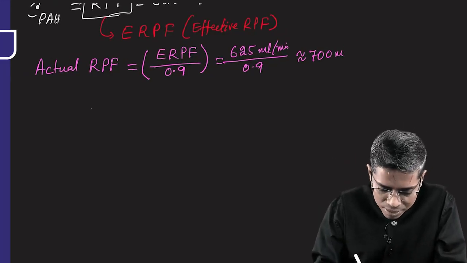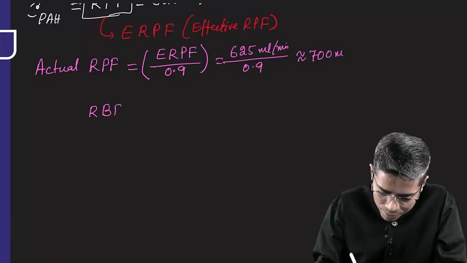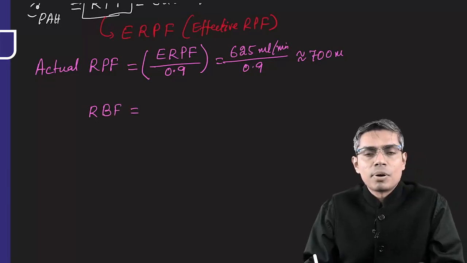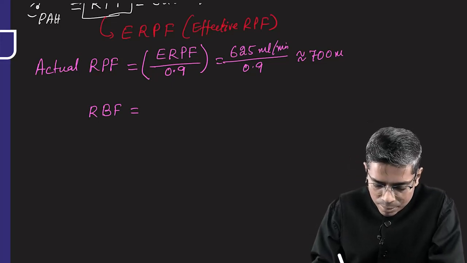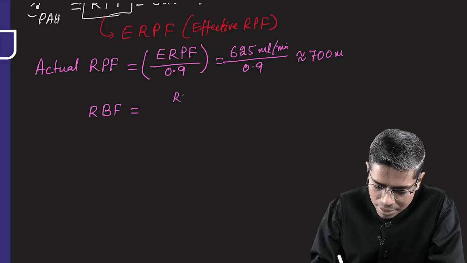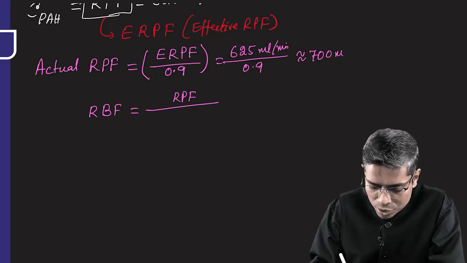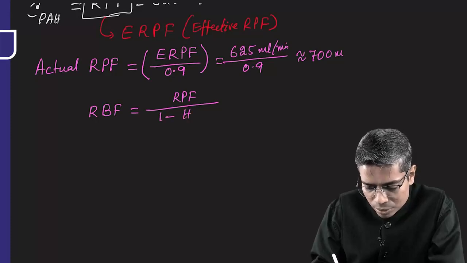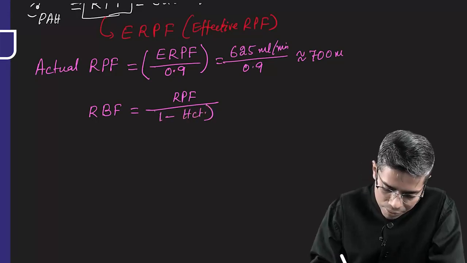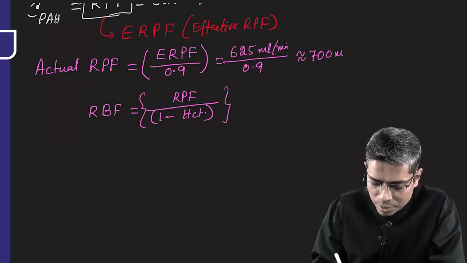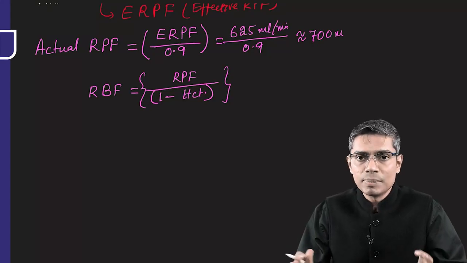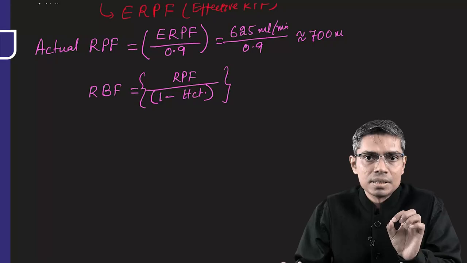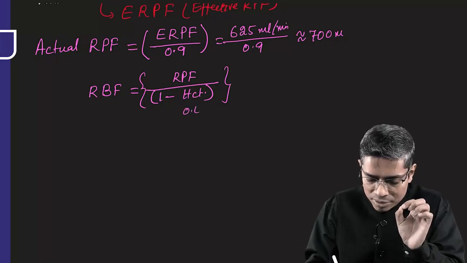And if you want to measure the renal blood flow, we all know that from plasma flow, if you want to derive the blood flow, it is nothing but your renal plasma flow divided by 1 minus the hematocrit of the person. So just put whatever renal plasma flow you have got over 1 minus hematocrit. If your hematocrit is 45%, then you put 0.45.